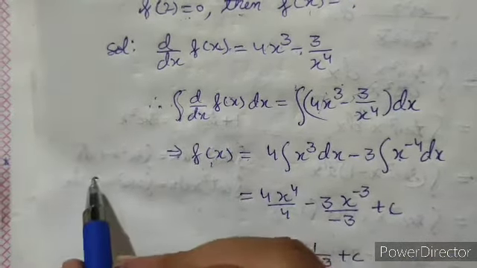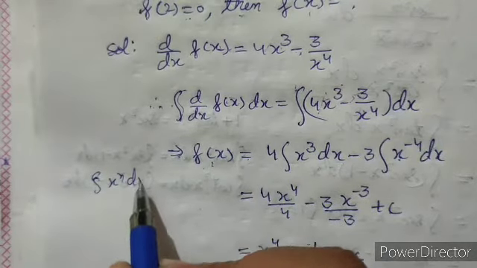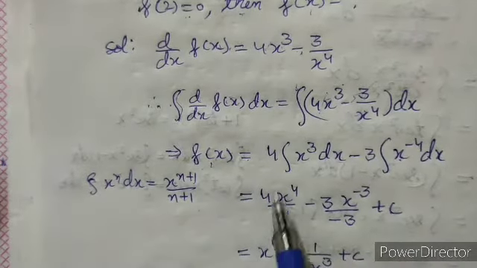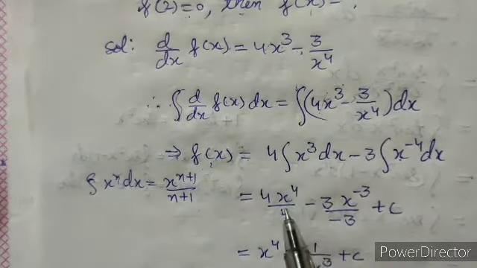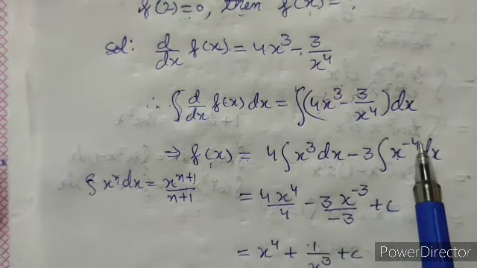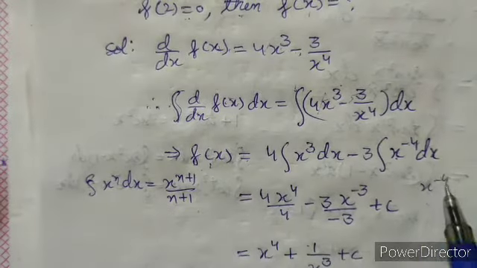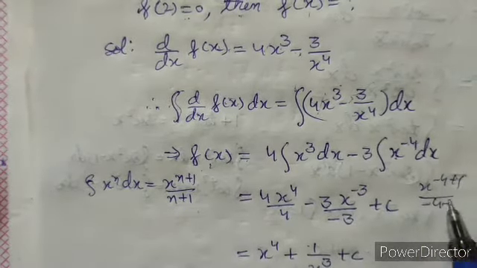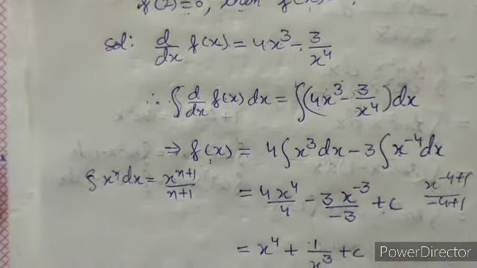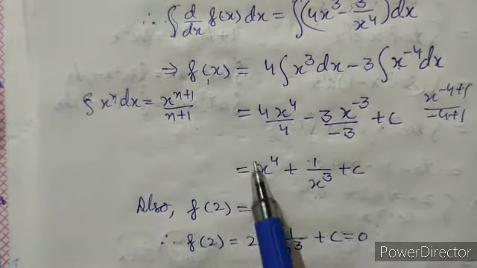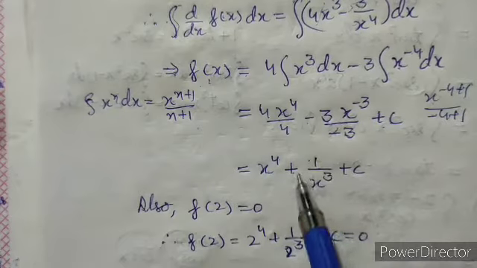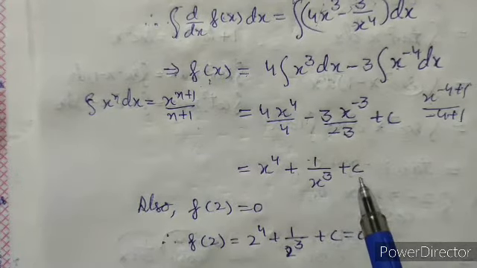Now by using the formula integral of x raised to power n dx equal to x raised to power n plus 1 upon n plus 1, we can say that integral of x cube will be equal to x to the power 4 upon 4, and integral of x raised to power minus 4 will be equal to x raised to power minus 4 plus 1 upon minus 4 plus 1, and that will be x raised to power minus 3 upon minus 3 plus c. Now this will give us f(x) as x to the power 4 plus 1 upon x cube plus c.